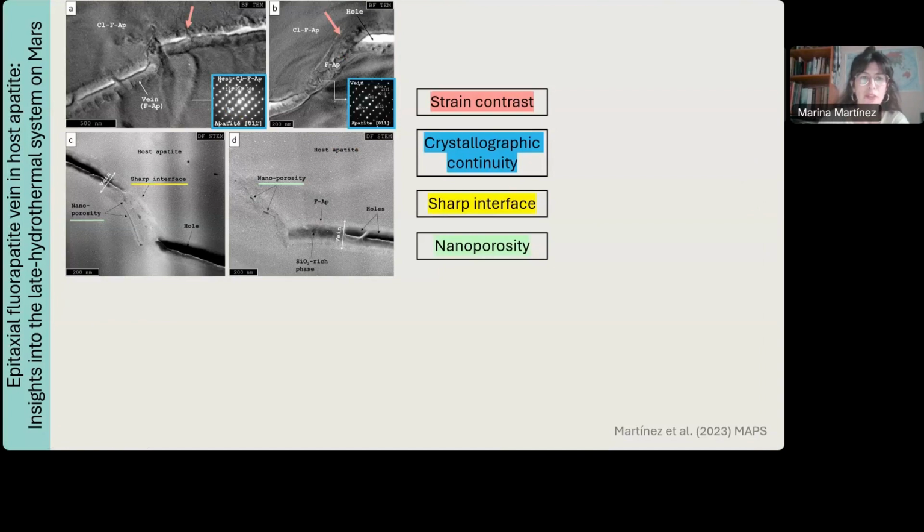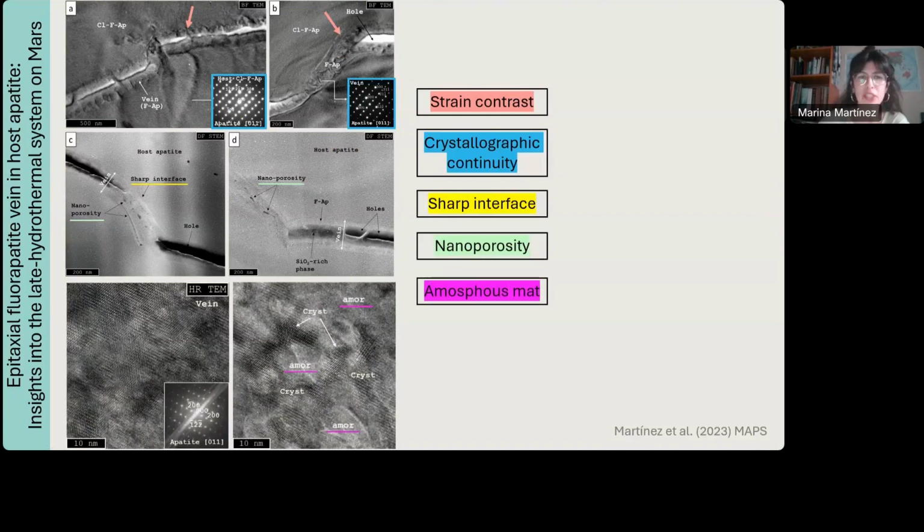So we have that from previous observations, and now we are adding high-resolution TEM images to show that there was some amorphous material intermixed or in between the crystalline apatite in the vein, and this amorphous material is probably where the silica is.